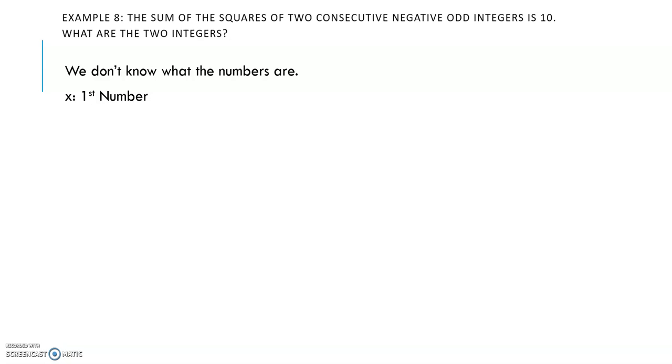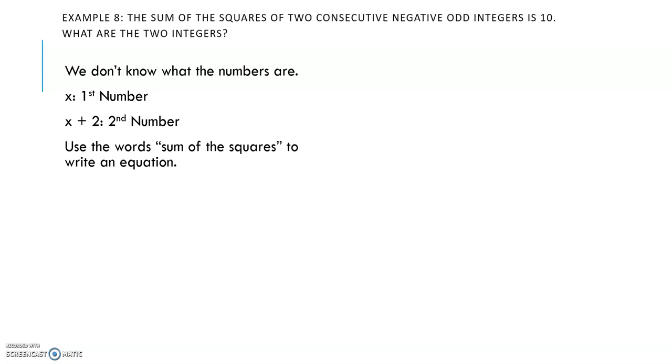It says negative odd integers. We need those words odd integers to help us come up with what our next number is. If our first number was 5, the next consecutive odd would be 7. 11, the next one would be 13. This time it is not plus 1, but it is x plus 2 is the second number.